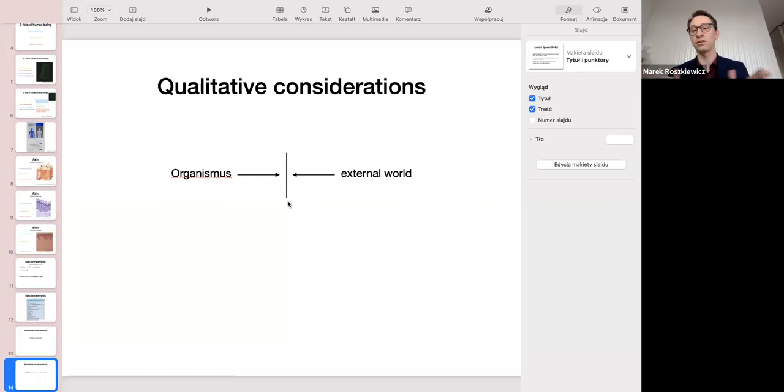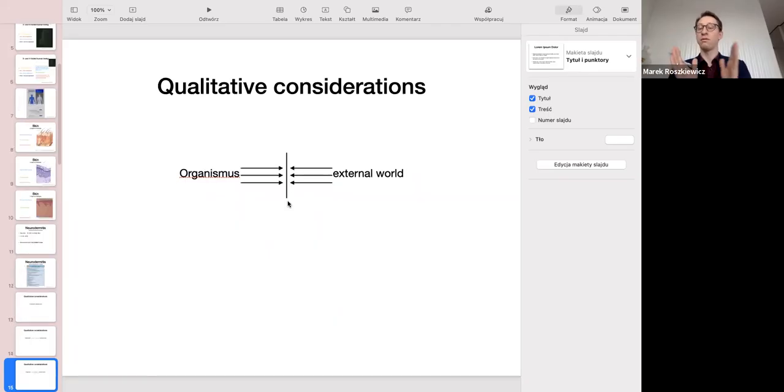And of course, as we saw, these two directions, one from one side and one from the other. When they are in balance, there is no problem, we can manage. When one of the directions is going too much, in this case the external world, the organism should be a bit more pushing outside also, and it is still this state of health, but a bit going with these tendencies that can occur.